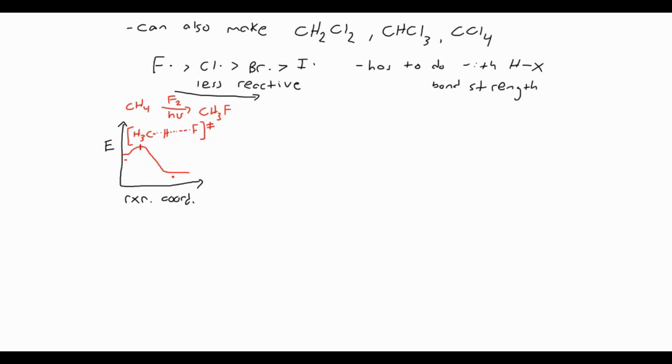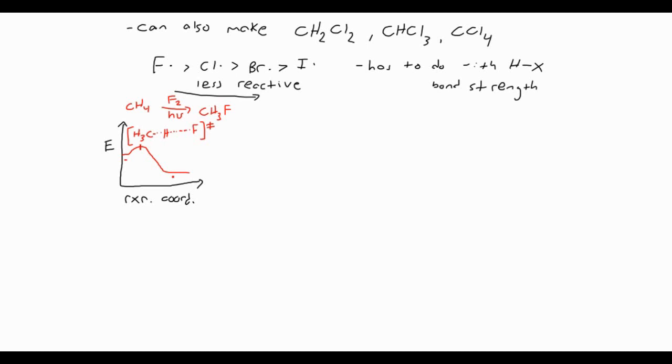Well, like I said, the reactivities of these halogens have to do with the strength of the HF or HCl or whatever bond strength. So the strength of that bond is what we're looking at. And you can imagine, because the HF bond is relatively strong, stronger than all the other halogens, it's going to be a lot easier for the fluorine to pull off that hydrogen from the carbon.